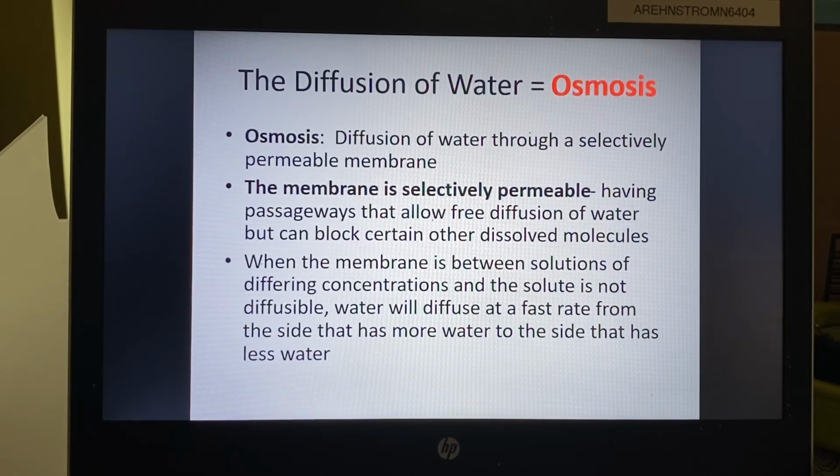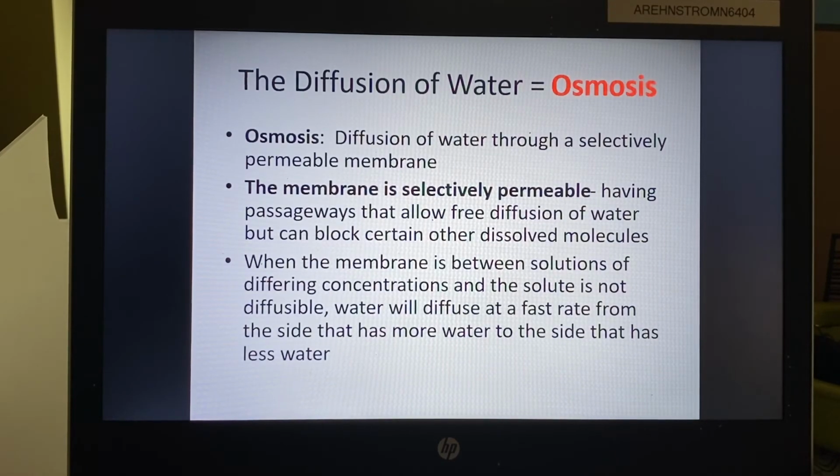The water will react to different concentrations of solute on either side of that membrane. Think of solutes like amino acids, proteins, and simple sugars inside a cell versus outside a cell. Whatever the difference is, water is going to move to whatever concentration it needs to try to correct the fact that the concentrations are different. That's what we refer to as osmosis.